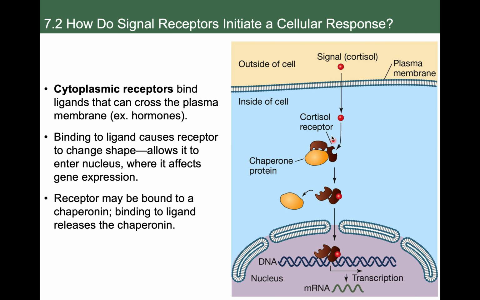And here's what that whole process would look like for a cytoplasmic receptor. As I mentioned, there are cases where hormones, in this example cortisol, can diffuse right across a plasma membrane into a cell and bind to a receptor inside the cytoplasm. In this case, the cortisol receptor is held in this inactive state by a binding partner called a chaperone protein.